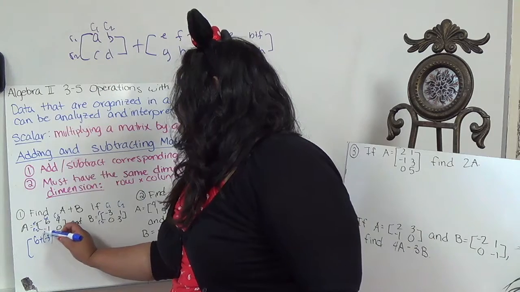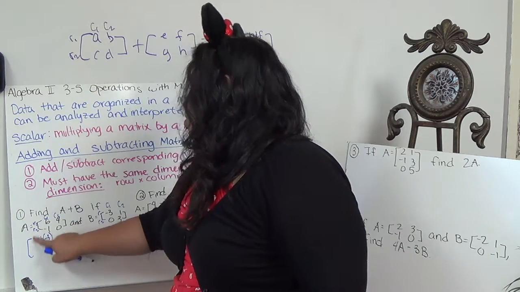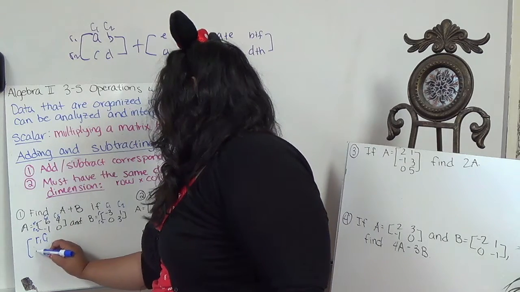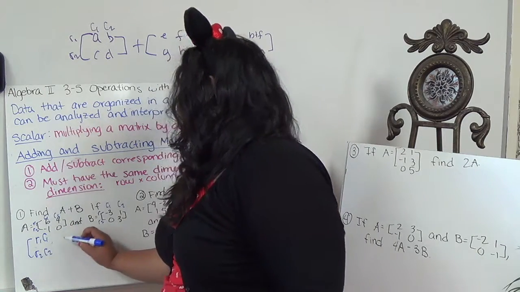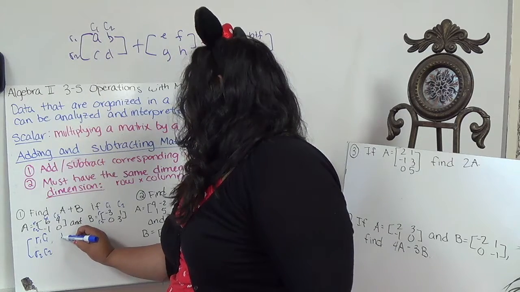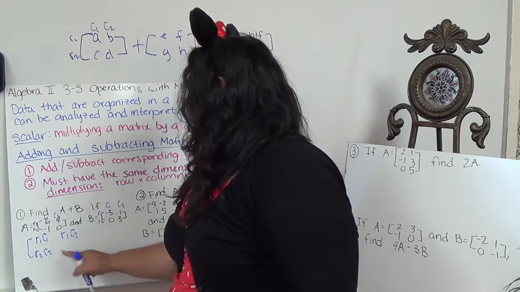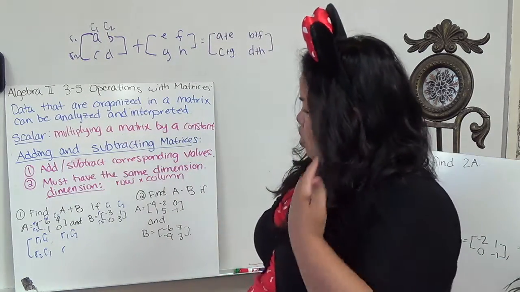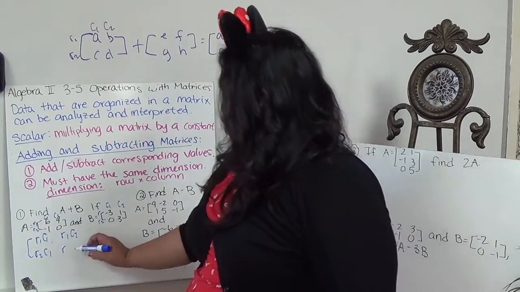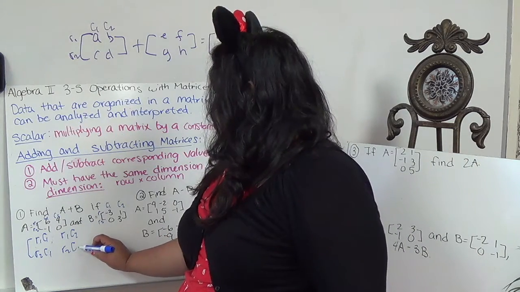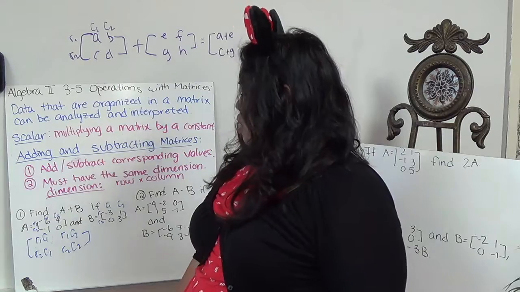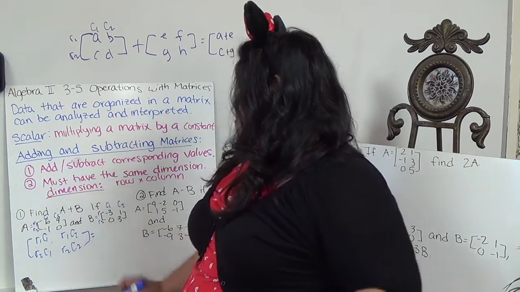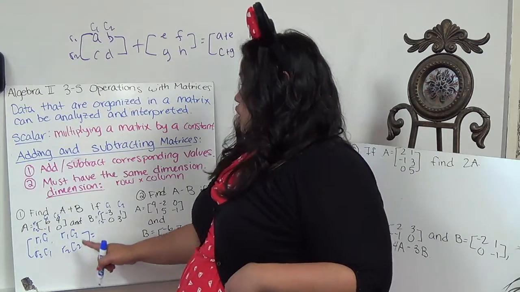It would be row 2, column 2. So it looks like this: row 1, column 1, row 2, column 2, row 1, column 2, and row 2, column 2, right? Because our answer has to equal the same dimensions as A and B.